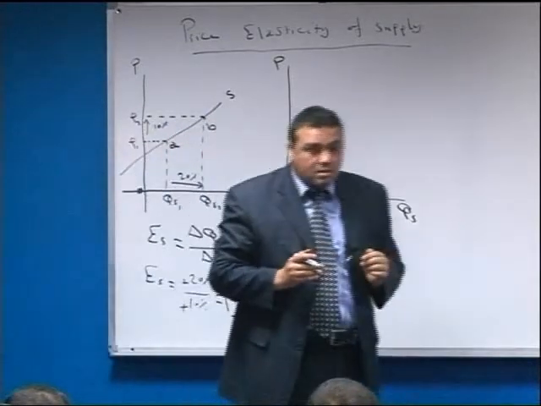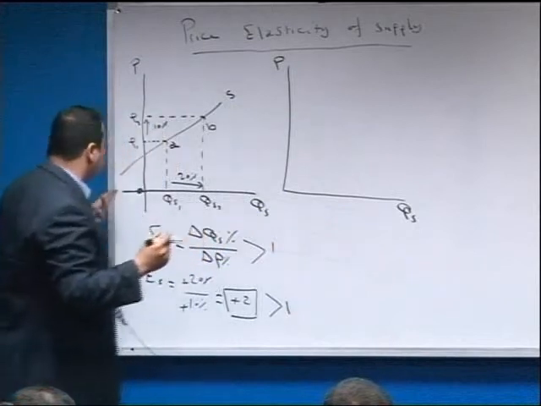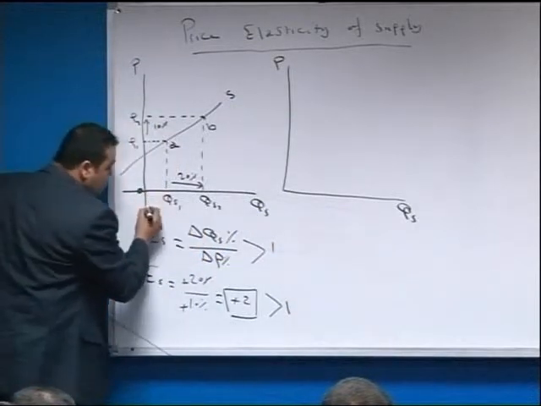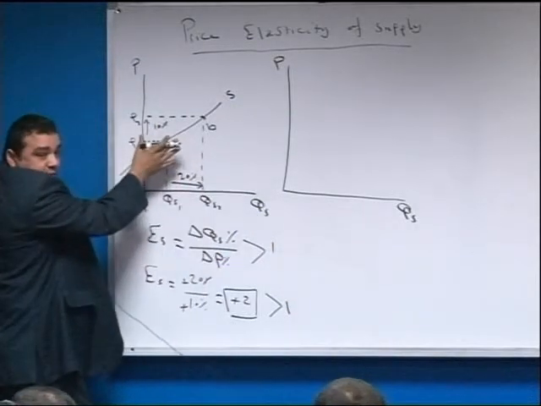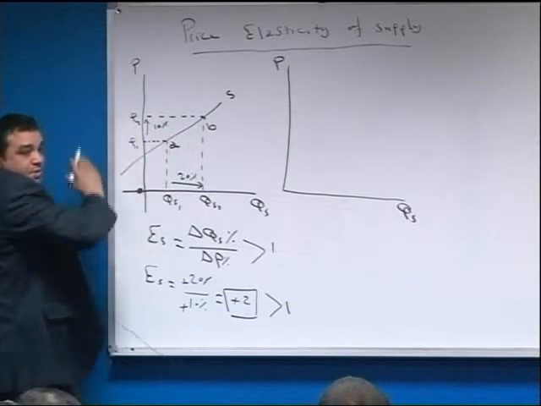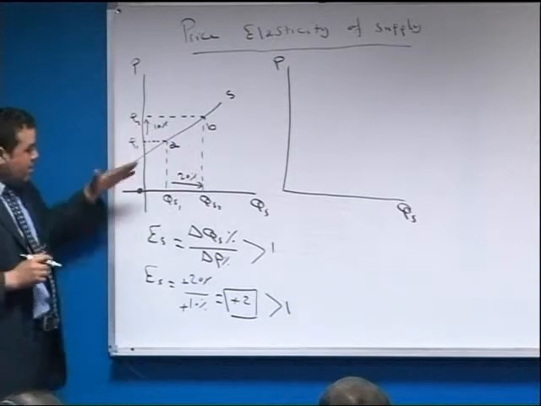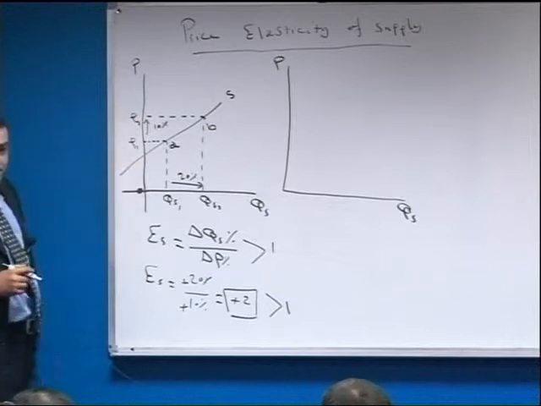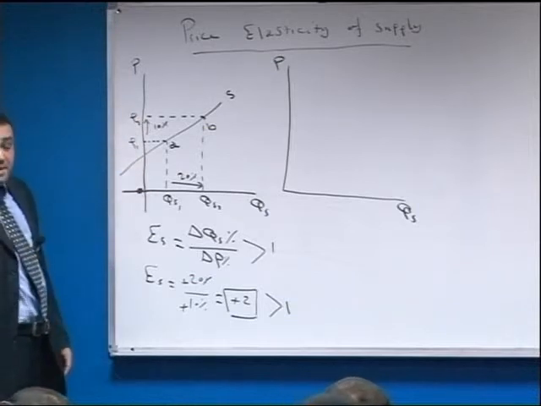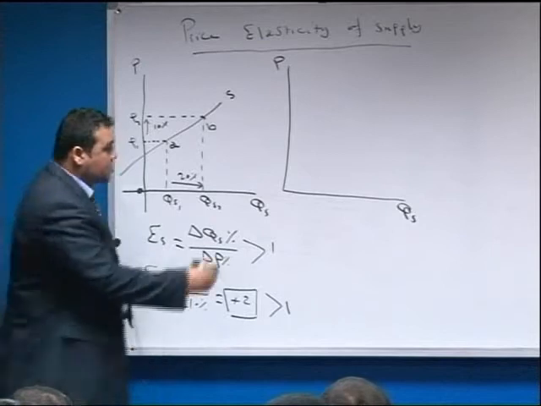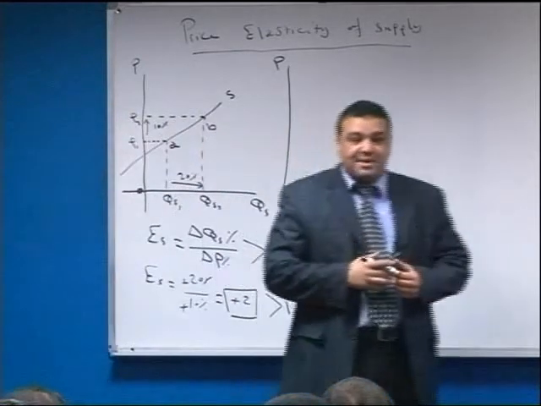Sometimes it may be below, but for our case, yes, it's above, in the positive price. Sometimes it is in the negative price. So it depends on the slope of the supply curve.